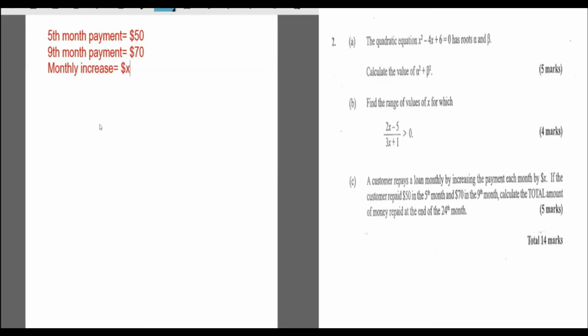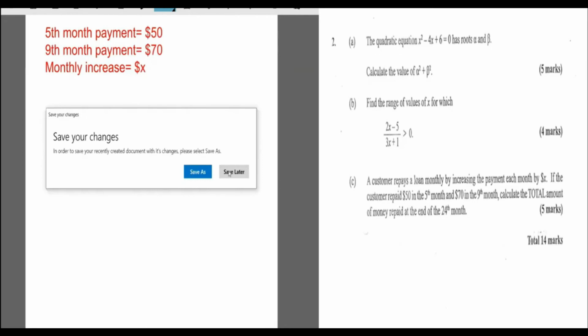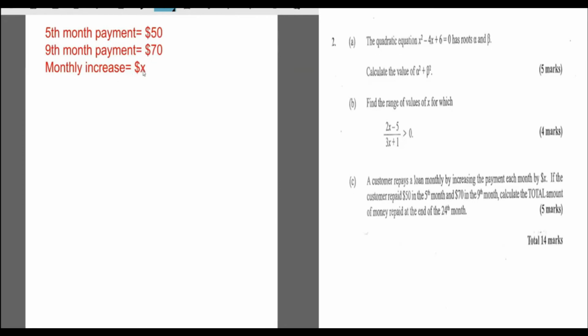But clearly we can decipher what the monthly increase is already, because if it's increasing by X dollars, in the 6th month you pay $55, in the 7th month you pay 60, 8th month 65, 9th month 70. So clearly X is equal to 5. We've done that already. So each month you're increasing the payment by $5.